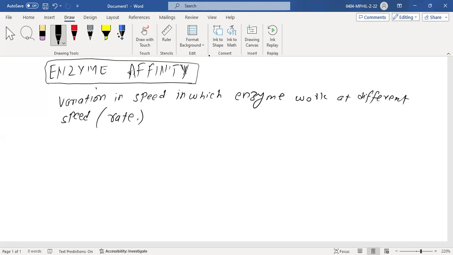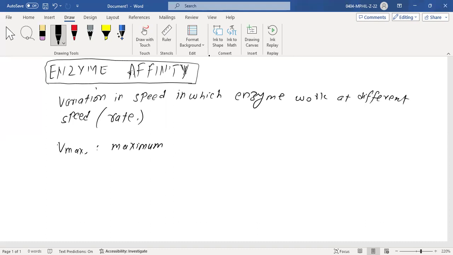So there we will use another concept, that is Vmax. Vmax means velocity maximum. What do you mean by this Vmax?